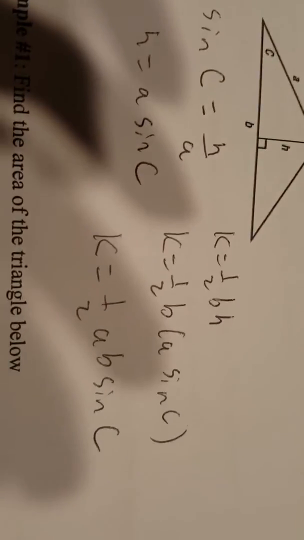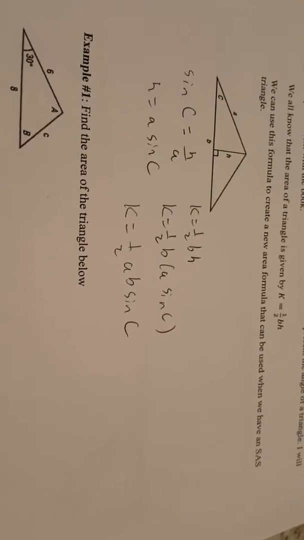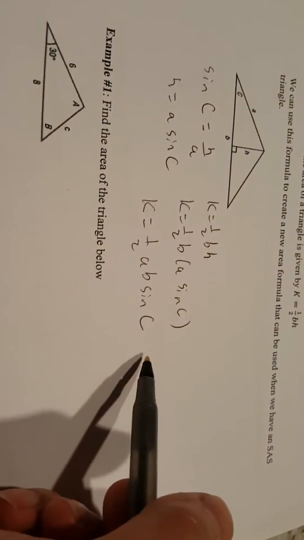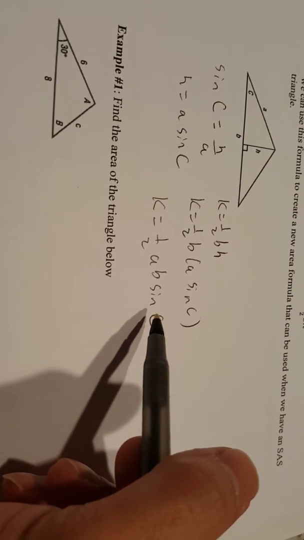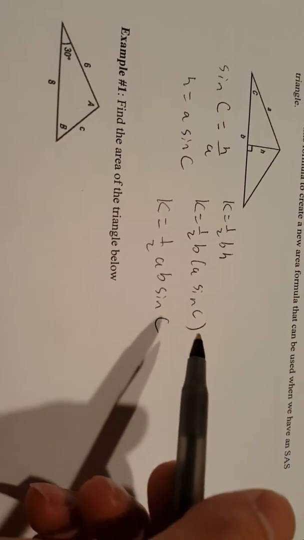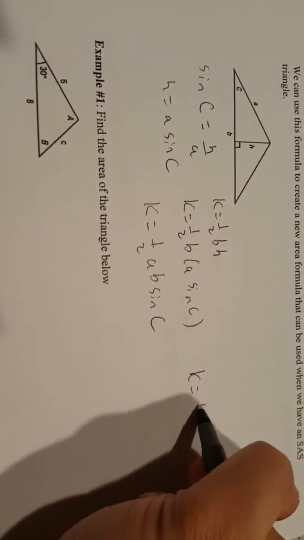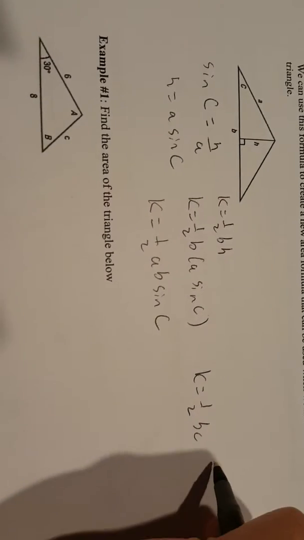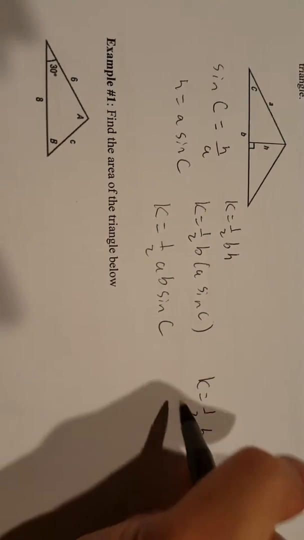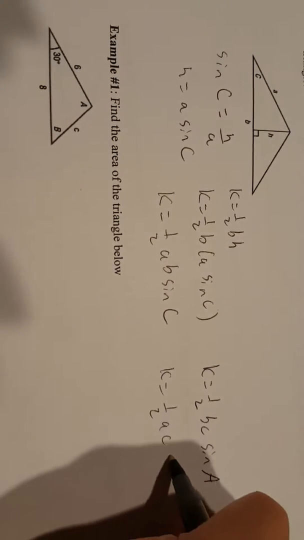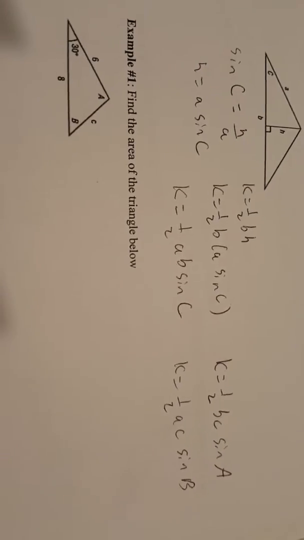Okay? And in this book, A and B are the sides that are given in a side angle side, and C is the included angle. So using our ABC triangle, it could be K is equal to 1/2 BC sine A, or K is equal to 1/2, what did I use here, AC sine B. Okay, so these are our area formulas.